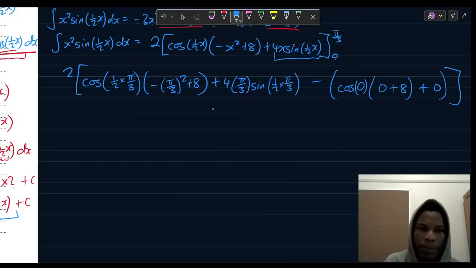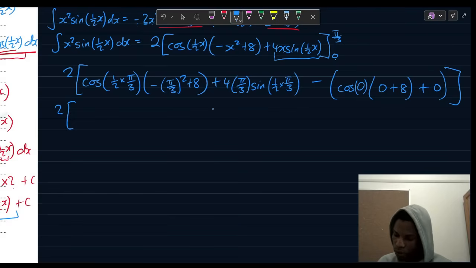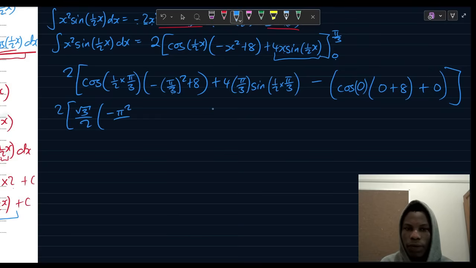Now let's simplify. So we've got 2 cos of 1 over 2 times pi over 3. So make sure you're in radians. We want cos of 1 over 2 times pi over 3. That gives us root 3 over 2. And this is multiplying negative pi squared over 3 squared. So negative pi squared over 9 plus 8. And then we've got plus 4 times pi over 3.